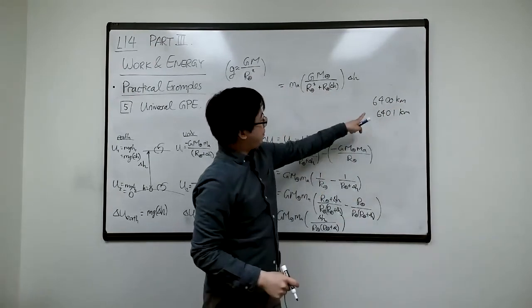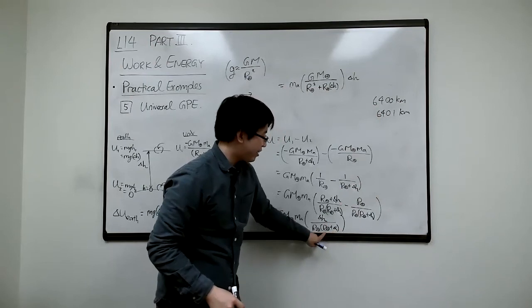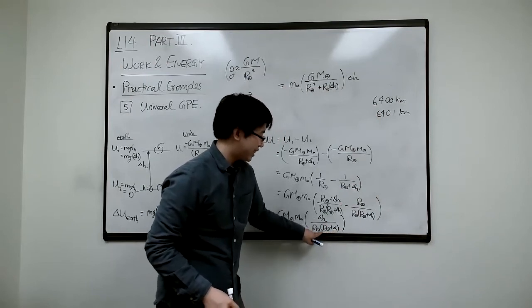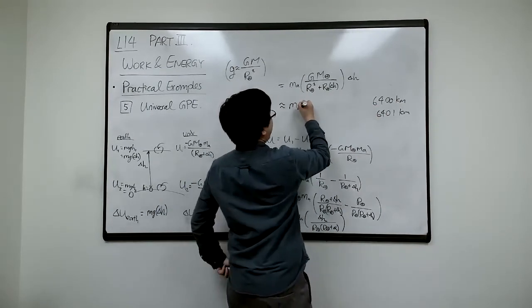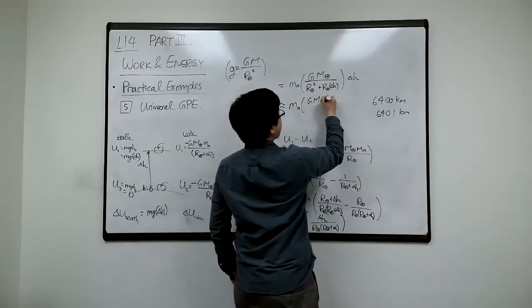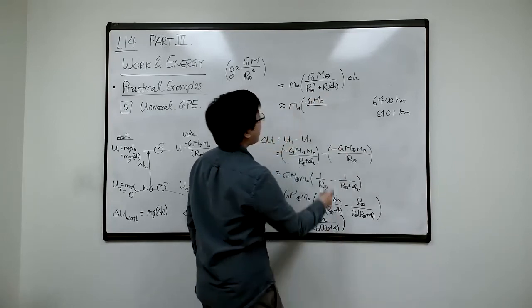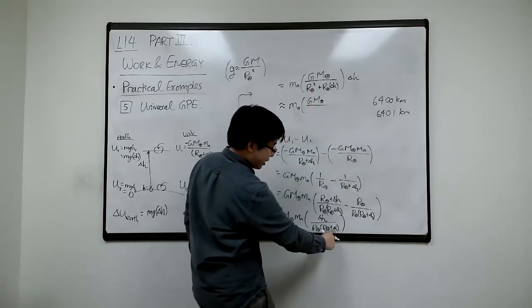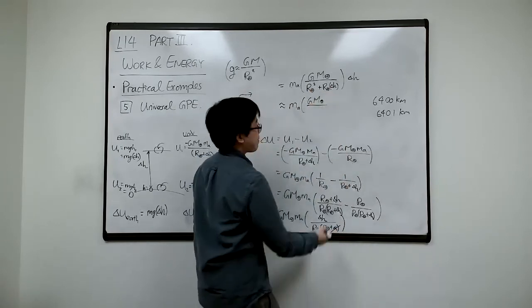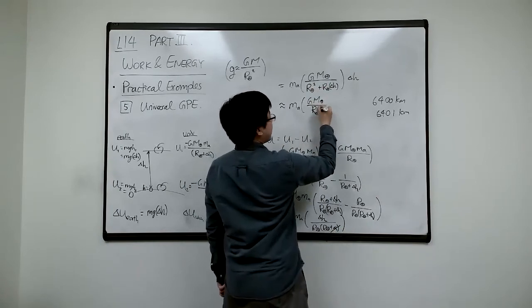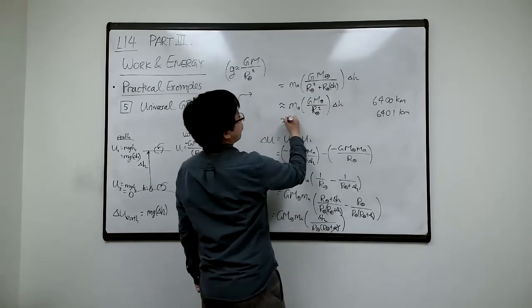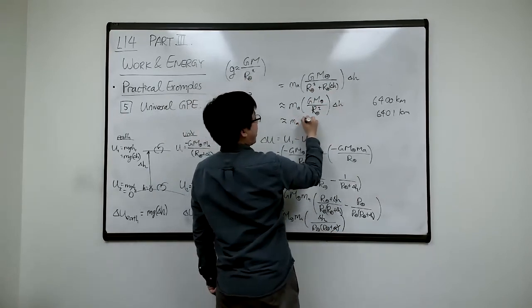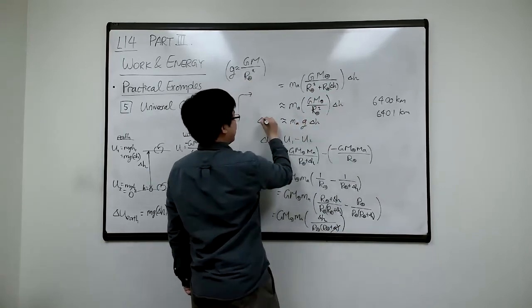So this extra R Earth times delta H is not really going to change it. So this is roughly just R Earth times R Earth, so this really doesn't matter, and it's really just similar to m a g. And of course, this is roughly m a g delta H. That's the change.